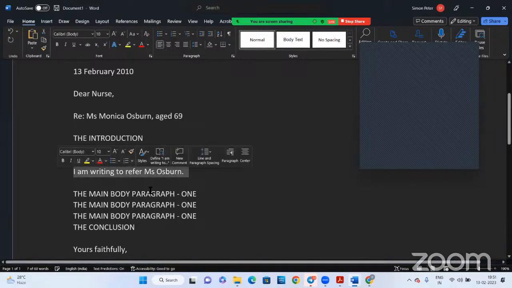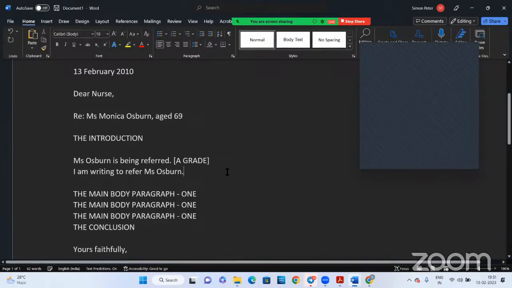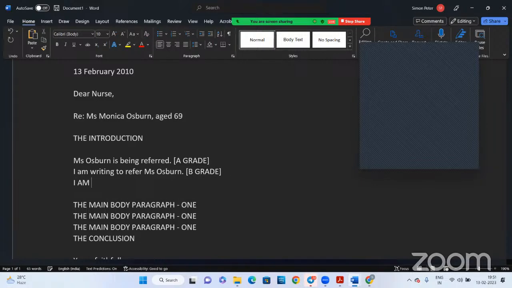Everyone can write this one. 99% of the students can write this one. If you write like this, you will get an A grade. If you write like this, you will get a B grade. And if you write like this, I am writing this letter to you to refer Miss Osburn, you will get a C grade.